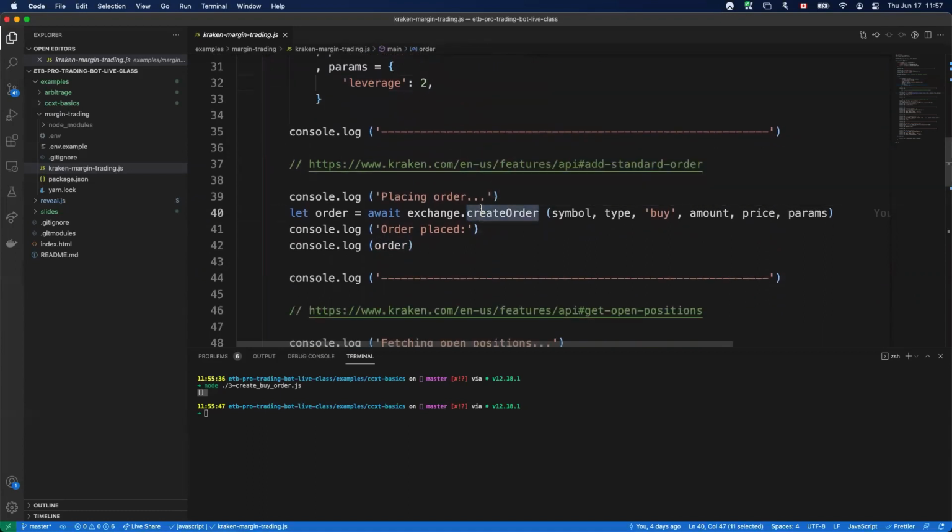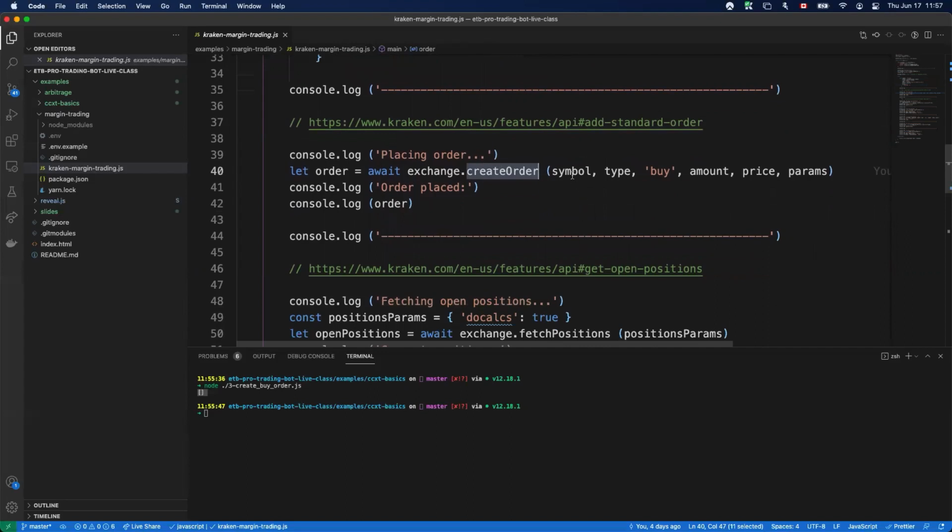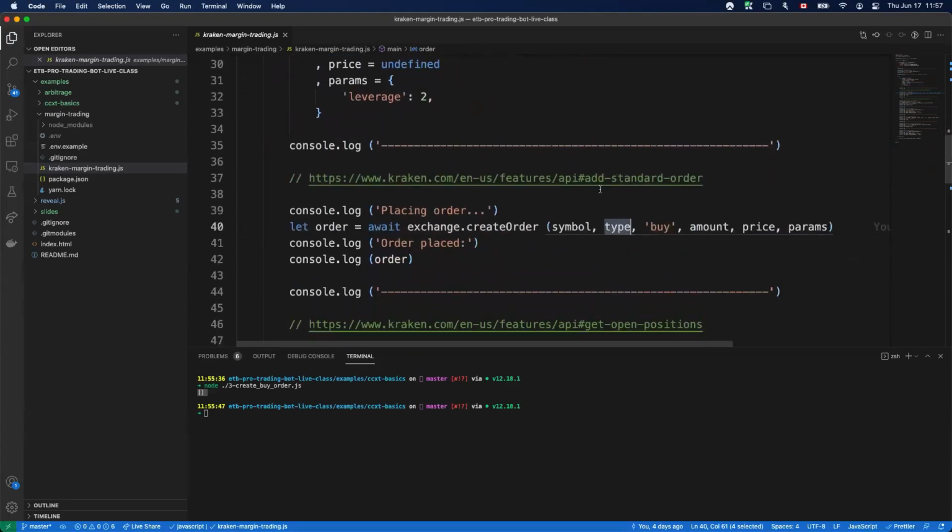If you would like to place an order in any of the exchanges, there is a function called create order, which you can use in CCXT. You can supply the symbol and the type of the order. So this is again a market order. We would like to buy this much amount with the price.